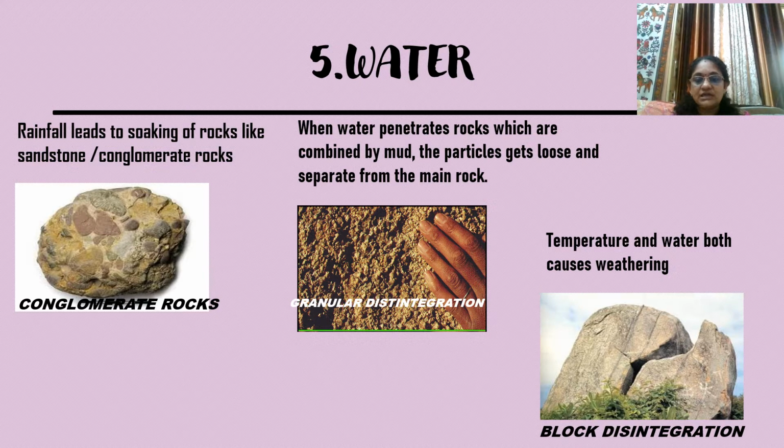I hope this is clear to everyone. One is because of the rainfall, the water seeps inside these rocks like conglomerate rocks and sandstone, and the particles in these rocks get loosened up and they separate from the main rock, and granular disintegration takes place. When water enters into small cracks and the gap widens, when the water freezes, it is called block disintegration.